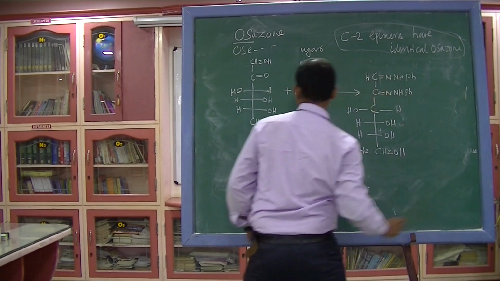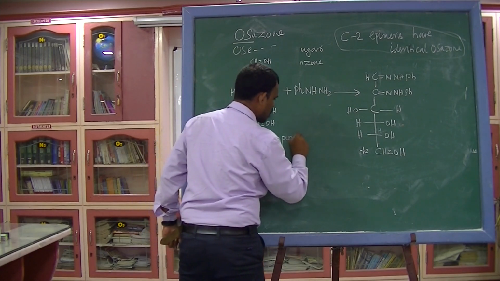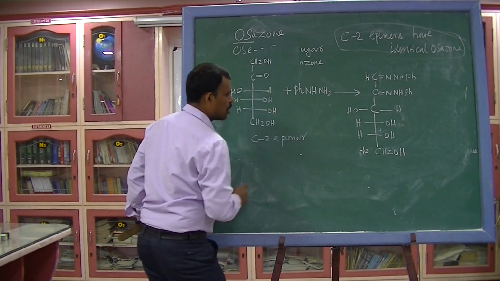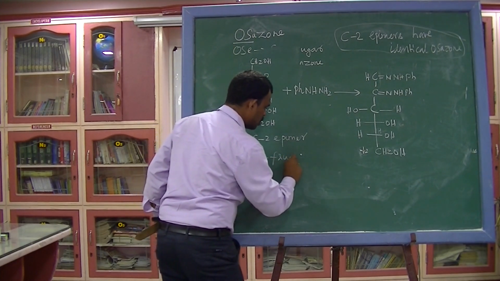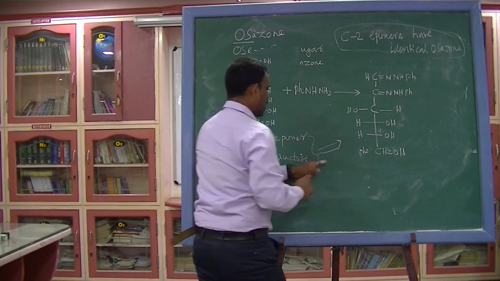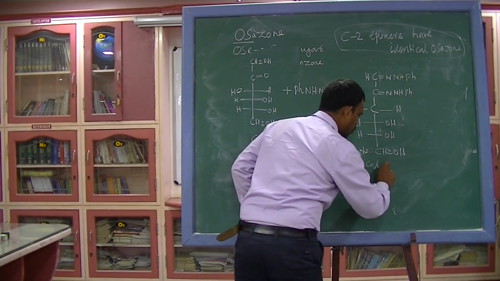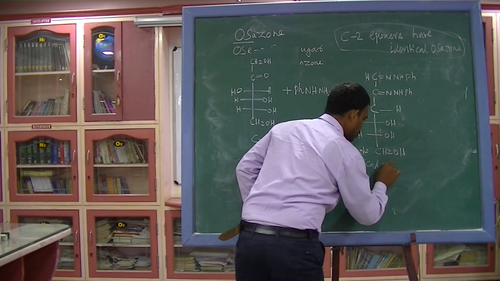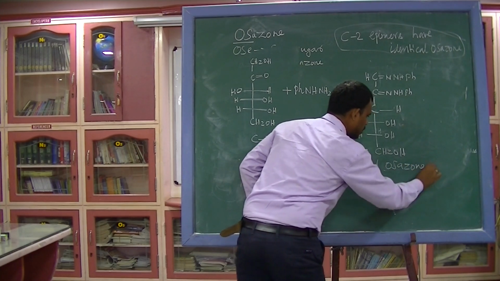So the point is C2 epimers and fructose, D-fructose, will have identical osazone. That is the point.